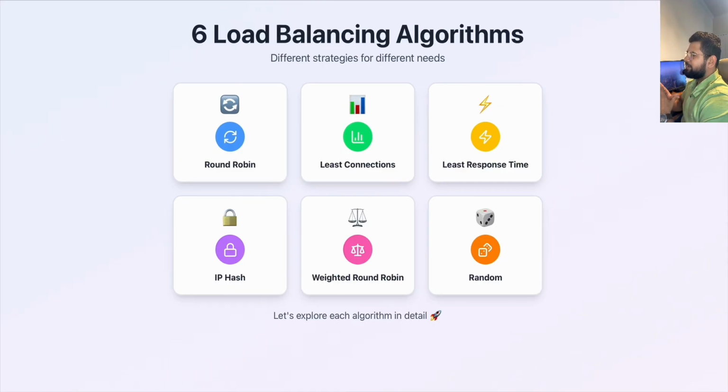Fifth, weighted round robin. Bigger checkpoints get more traffic. And sixth, random. Let fate decide. By the end, you will understand the same algorithms that power the biggest tech companies in the world. Ready? Let's start with the simplest one, round robin.